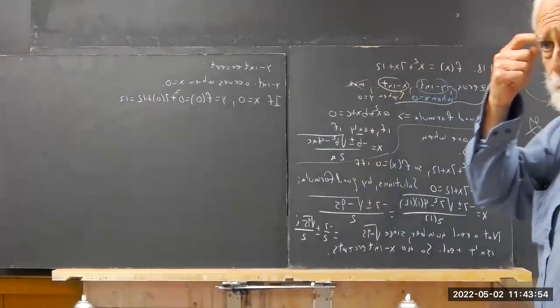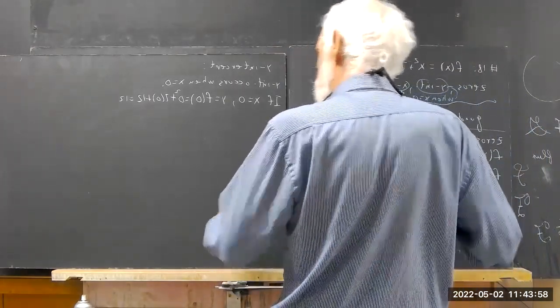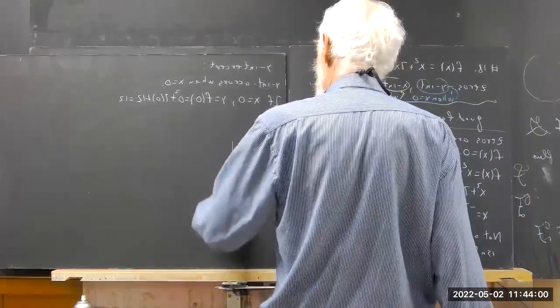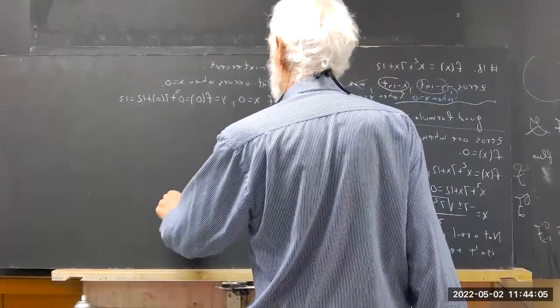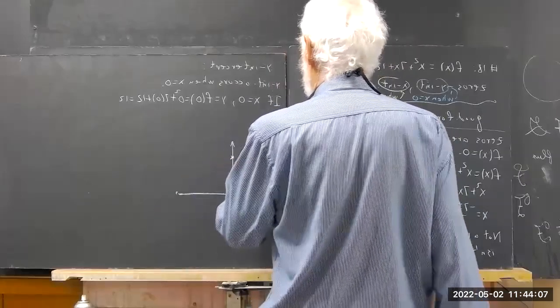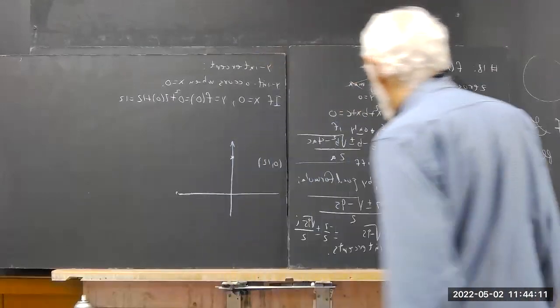So that's 12. Now we have something to put on our graph. We have a point here that we'll call (0, 12).